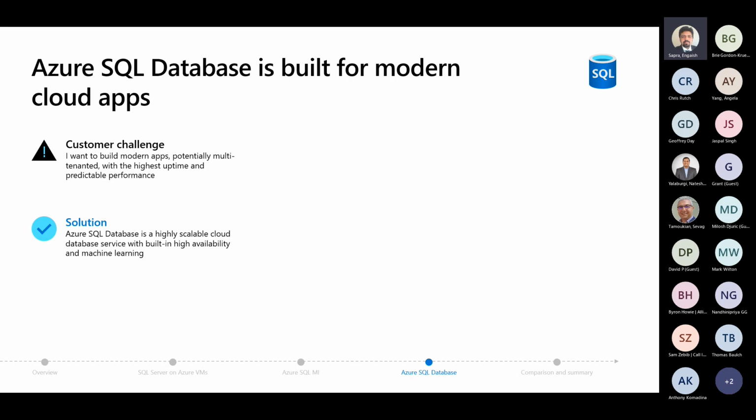So you get the best compatibility with your modern cloud applications, and unlike other editions of SQL Server, you do not need to provision any hardware or install any patch on SQL Server. Microsoft maintains the platform for you. All you have to do is set up a subscription, which you can always do through our cloud marketplace.